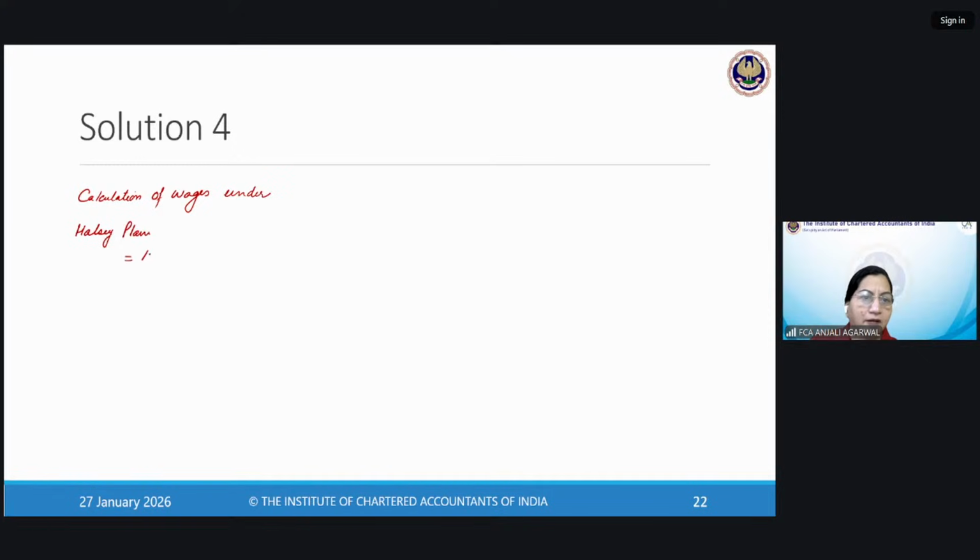This is equal to actual hours worked into time rate plus half, or 50% bonus, of time saved into hourly rate. So actual hours worked are 48. Hourly rate is 0.50.